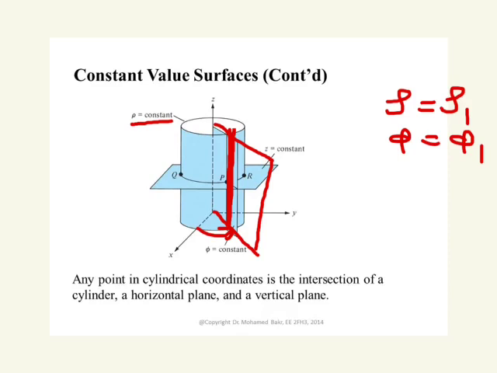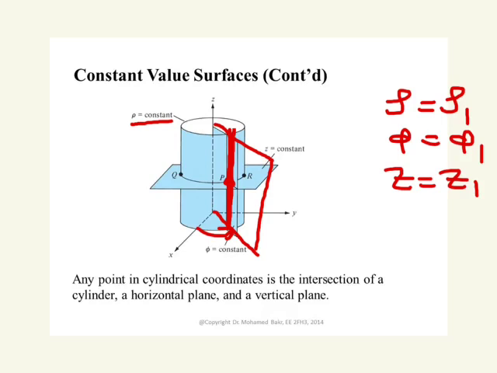The last plane that we have in cylindrical coordinates is the plane z is equal to z1. z1 can be any value. It's a horizontal plane. And when you intersect all these three surfaces together, you get a point P. So a point P is in general the point at which three surfaces intersect. They are not really all planes; they are two planes and one cylinder.